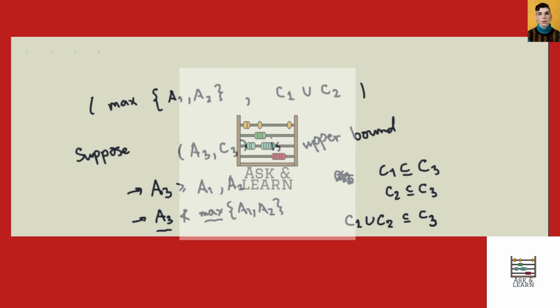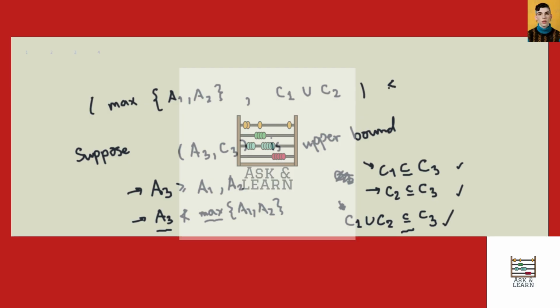Why? If this is not the case, there will be some element in the union that is not in C3. But that element must be in either C1 or C2, and it's going to break one of the two conditions above. So that cannot happen. So we have this relation, and so in the end, we have an upper bound.